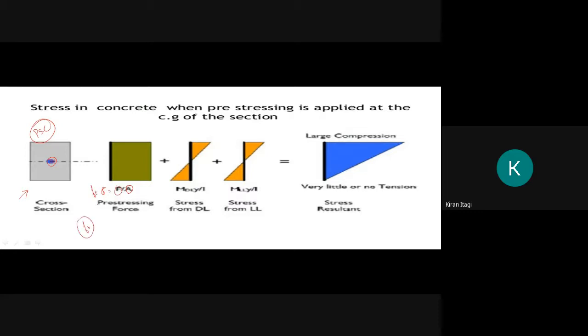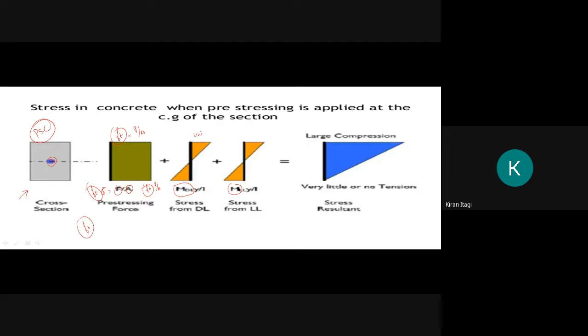In further problems we will see what FT means. FT is the stress at the top, and FB will be the stress at the bottom. It is given by P upon A, and if there are any applied loads, then we have different formulas. See, moment due to dead load, moment due to live load. These are the stress representations.